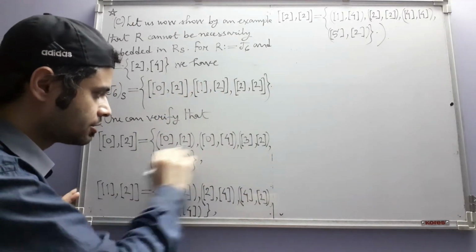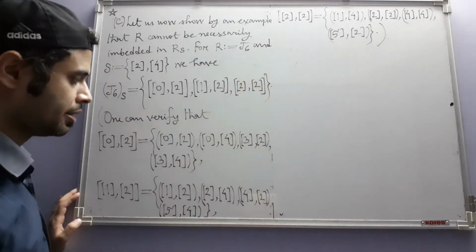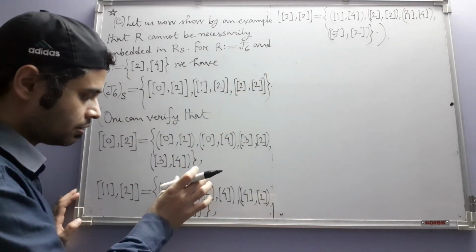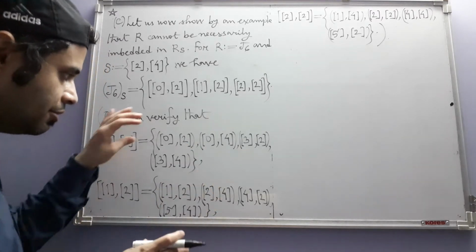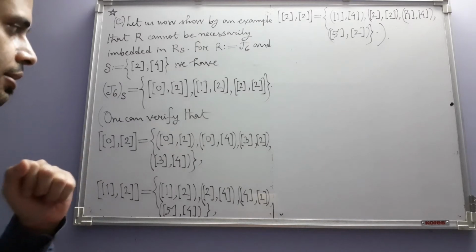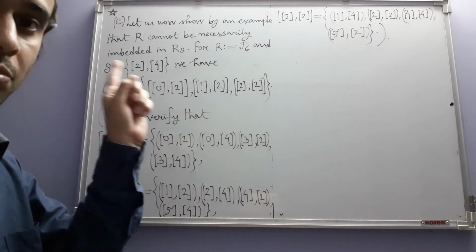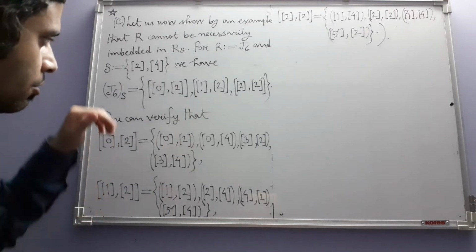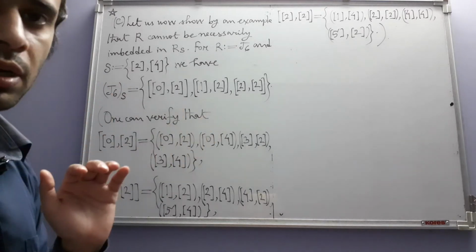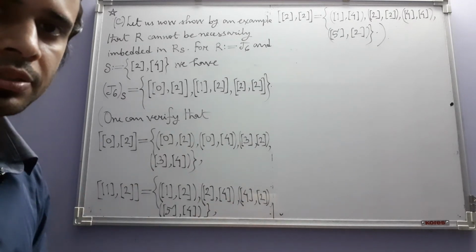All of these are related, and two ordered pairs coming from different equivalence classes are not related. Do you remember the fundamental theorem of equivalence relation? Once we have an equivalence relation, it partitions the set into disjoint equivalence classes.